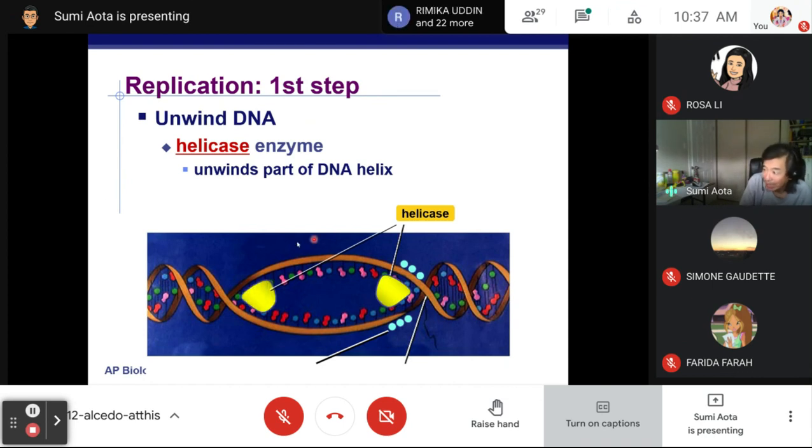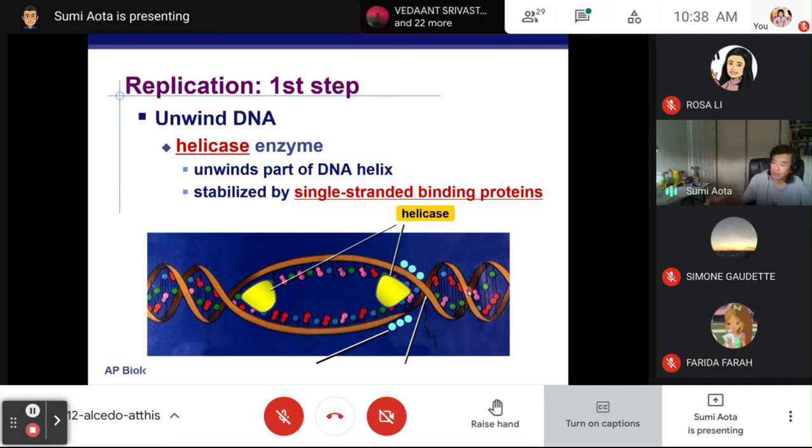So this is a replication bubble. If you're only looking at one side, it's called a replication fork. So there are two helicases inside a replication bubble, one helicase in a replication fork, and they both go out in opposite directions.